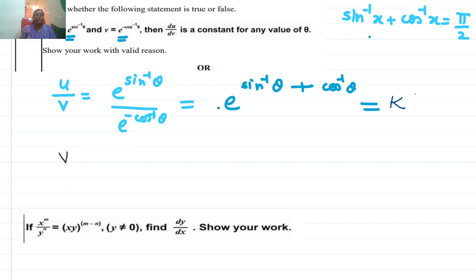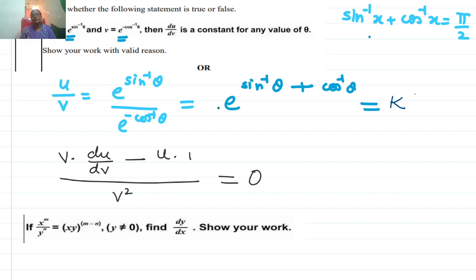The quotient rule. Denominator multiplied by the derivative of the numerator minus numerator multiplied by the derivative of the denominator. We are differentiating with respect to v, so it will be 1 upon the square of the denominator. And what do you have on the right hand side? A constant, so its derivative will be zero.